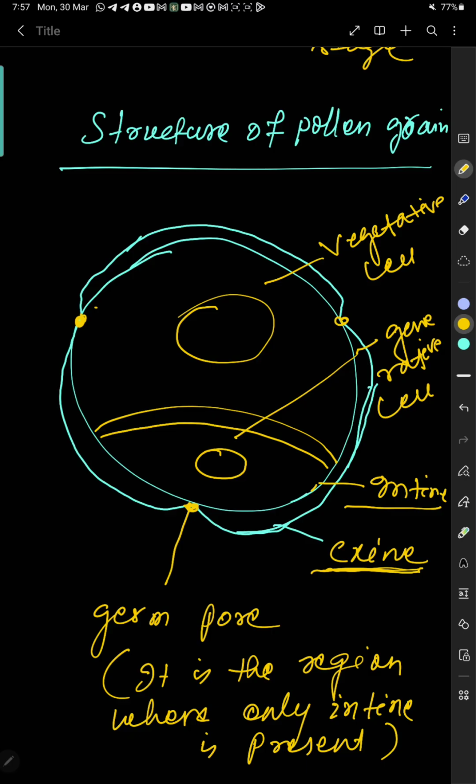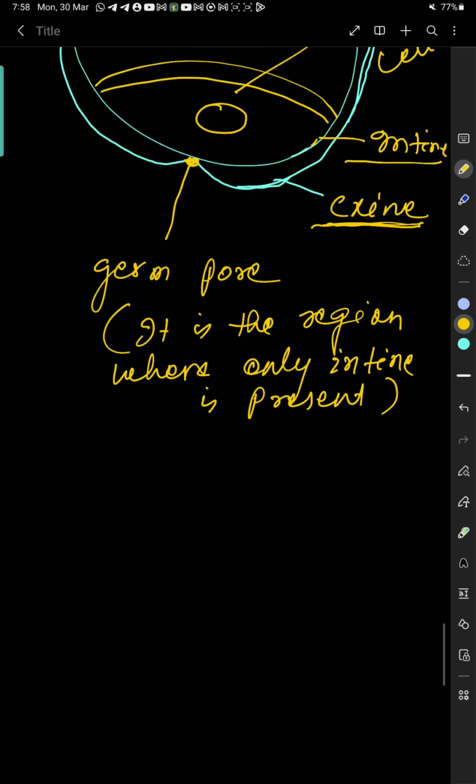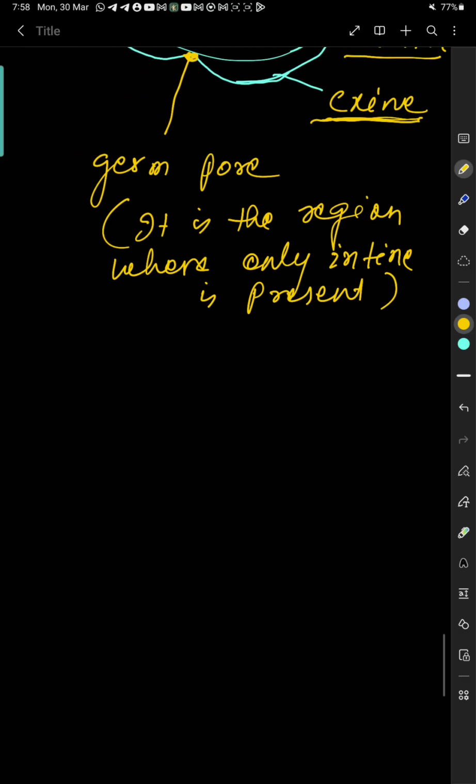Okay, so if in the exam you are asked to draw the structure of pollen grain, then draw this diagram, label it, and also write the composition and function. So let me tell you the composition and function of each and every part.